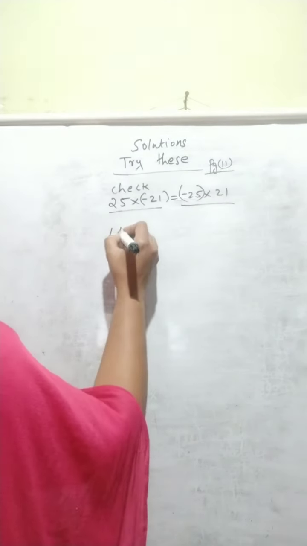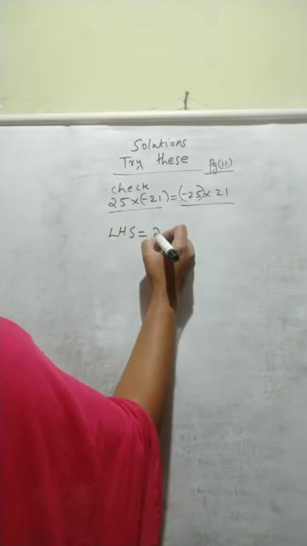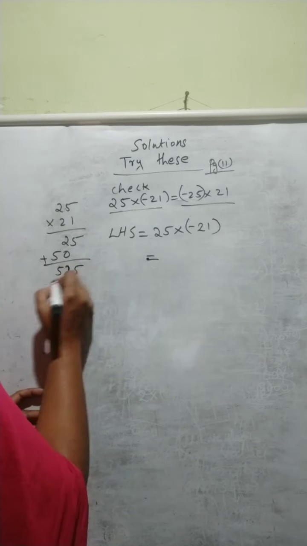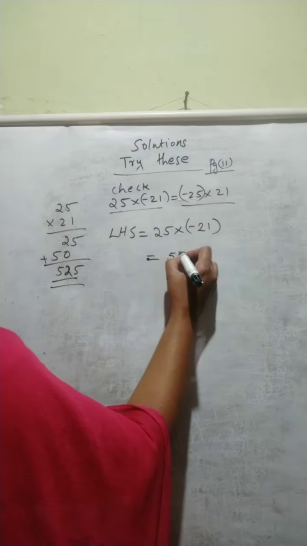So for this LHS side, 25 multiplied by negative 21, we can do this part. 25 multiplied by 21. 25 times 1, 25 itself. Then 25 times 2, 50. Here we can add. 525 is the answer. But here one negative integer, so we can keep negative for this answer.